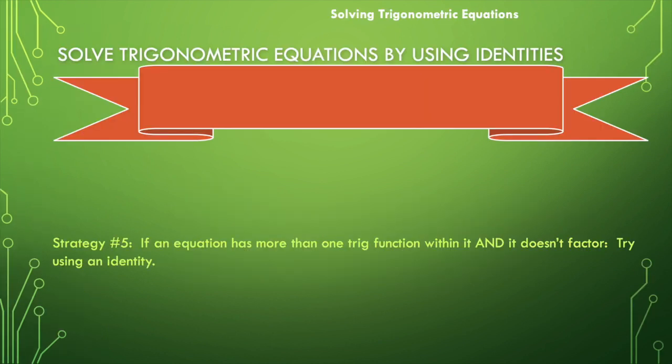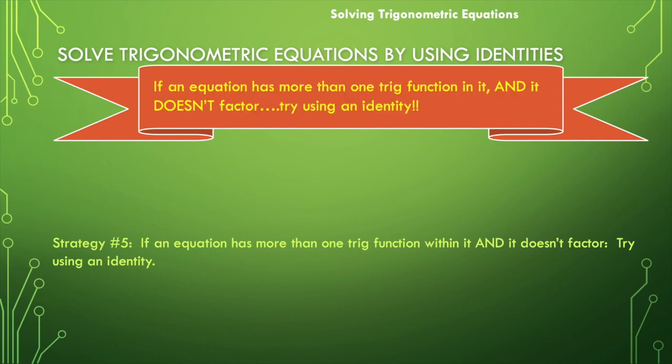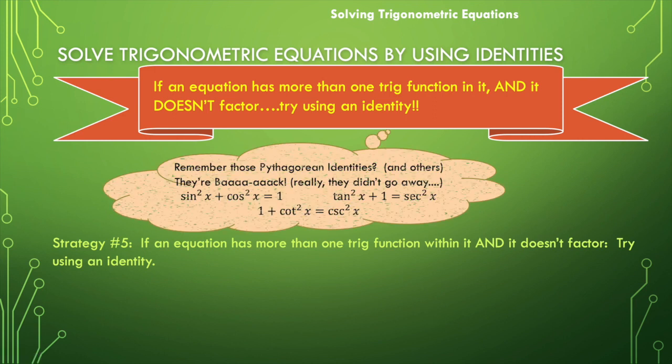Before we do this, we need to remind ourselves what the fundamental trig identities are, because we are going to use them to transform equations that don't line up the way that we think they should. So let's review the Pythagorean identities.